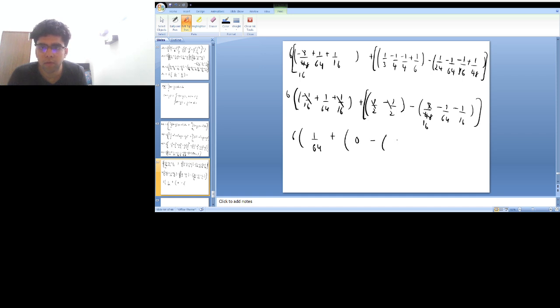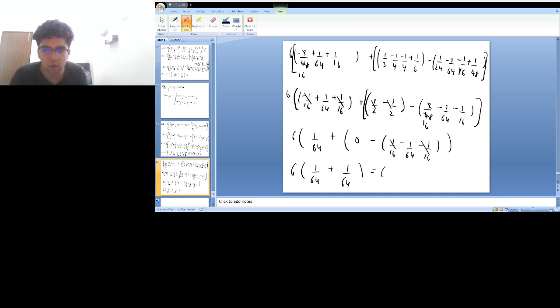Minus 1 upon 16 minus 1 upon 64 minus 1 upon 16. I was scared for a bit that I've again solved it incorrectly. 16 and 16 goes away, so what I'm left with is 6 into 1 upon 64 plus 1 upon 64.